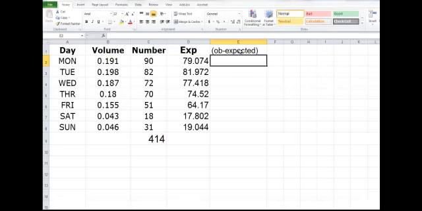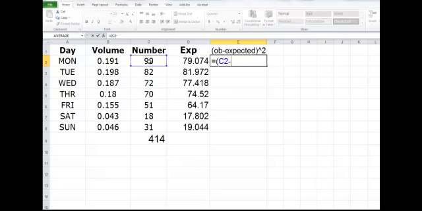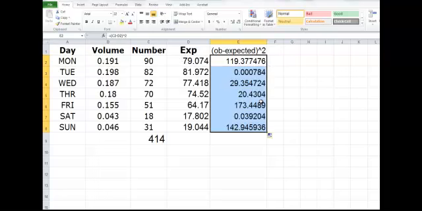So going back to Excel, let's square this right here. We got observed, then expected, then we square this quantity. Enter here, and there you go.